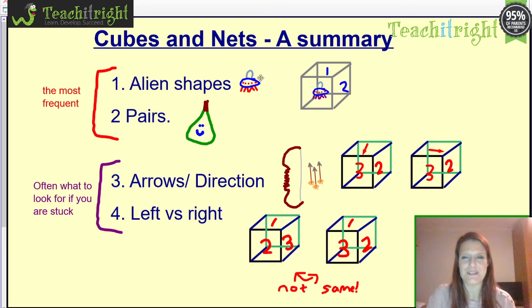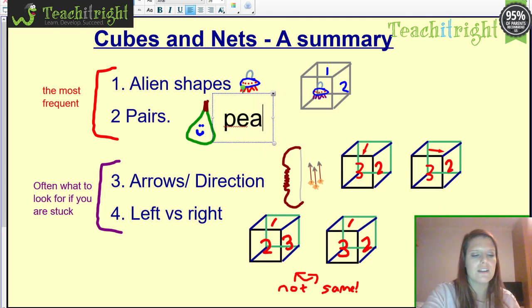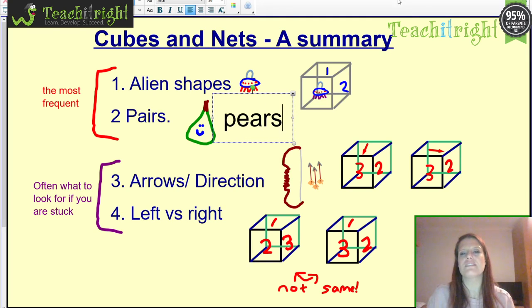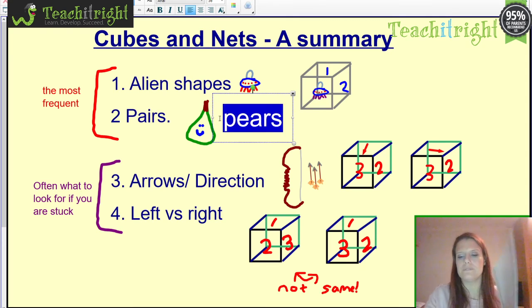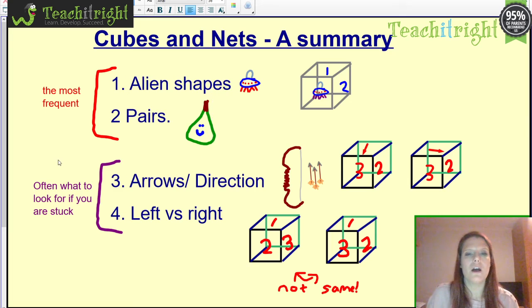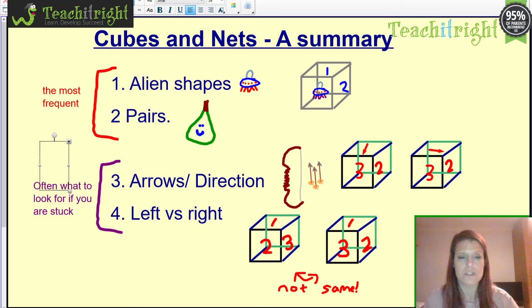So we have a little spaceship, it seems, to represent an alien image, and a pear, as in a pear that you eat, to represent the pairs of shapes. Pears obviously being a homophone, and the fruit pear would be spelled differently. So those are the 2 things that occur most often when we are looking at cube and net question types.